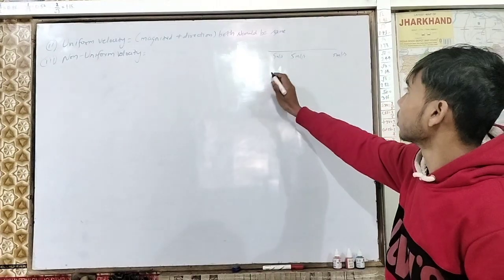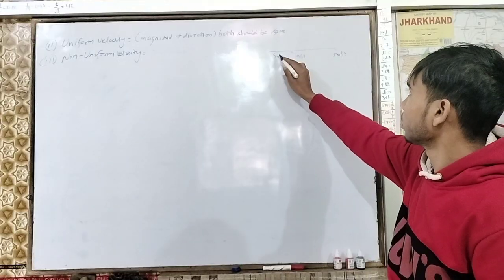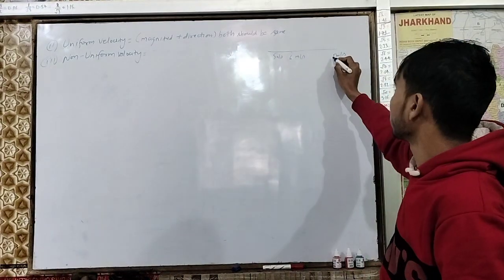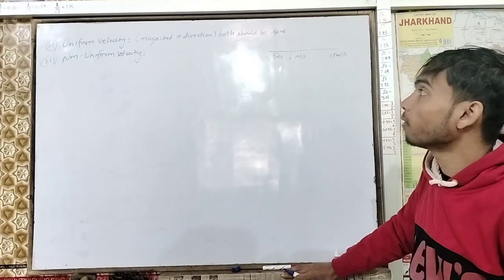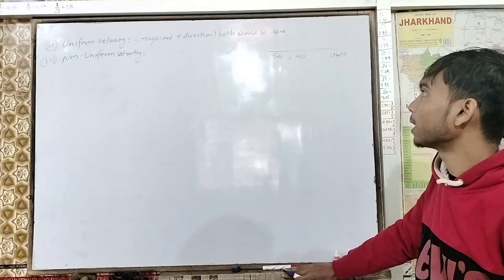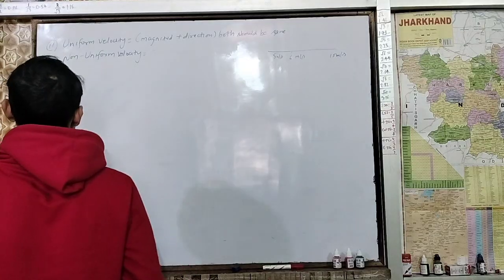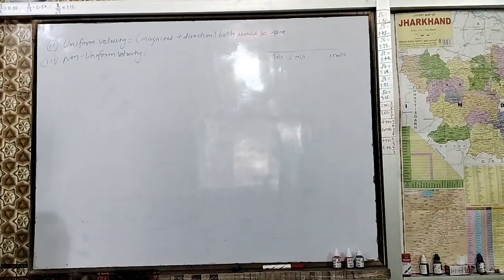For example, here his velocity was 6, over here 15. Velocity is changing, but the direction is the same, no matter. This will be considered as non-uniform motion because the magnitude is changing.